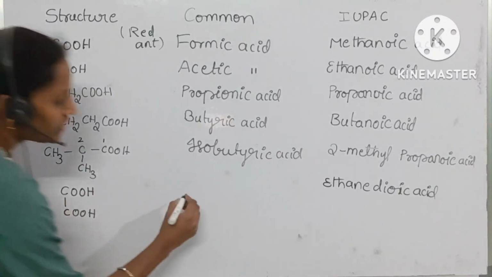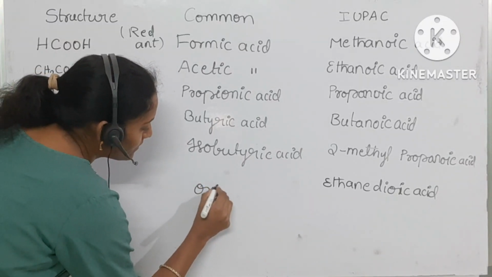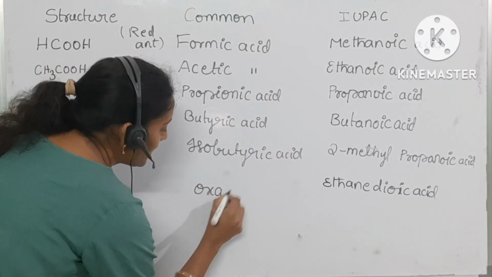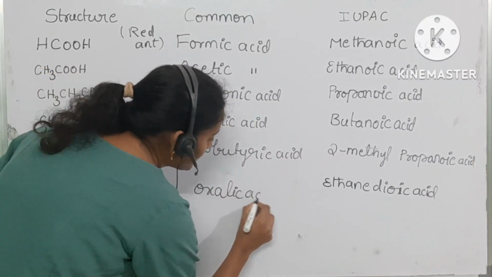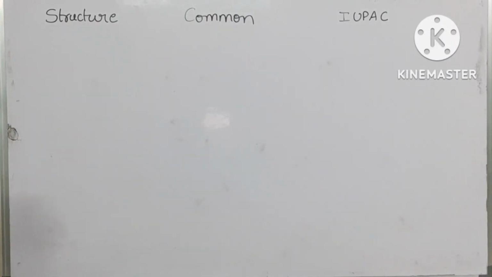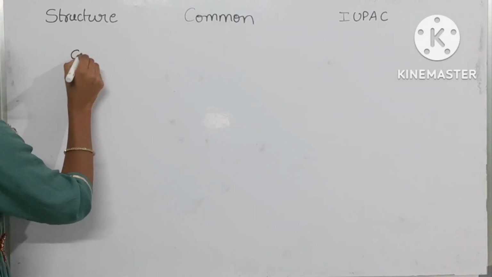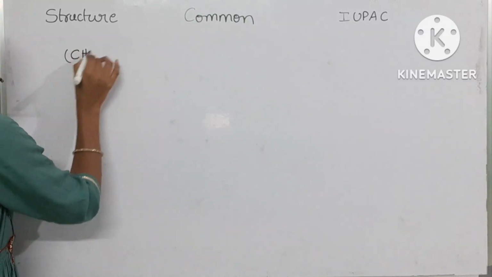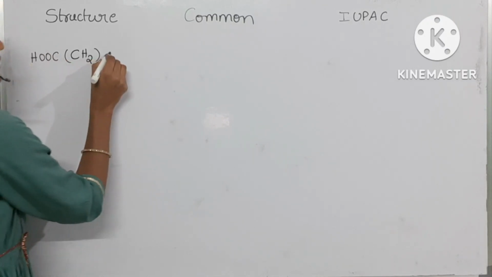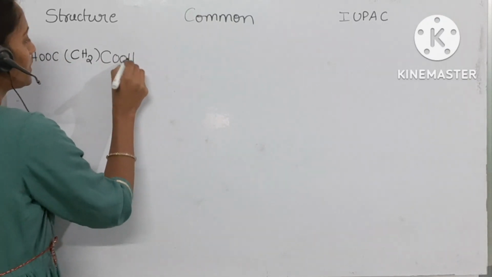Its common name is oxalic acid. The next one is, if the structure is like this, CH2 COOH and COOH.